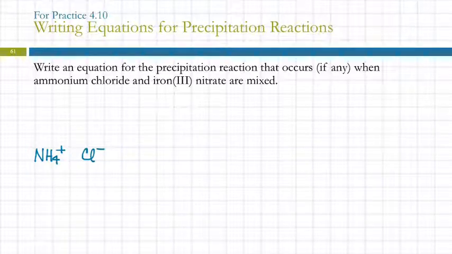So how do I put those together to get a neutral compound? Well, their charges are equal and opposite, so it's just NH4Cl. Is that soluble? Yeah, because all ammonium compounds are soluble. So I should indicate aqueous.